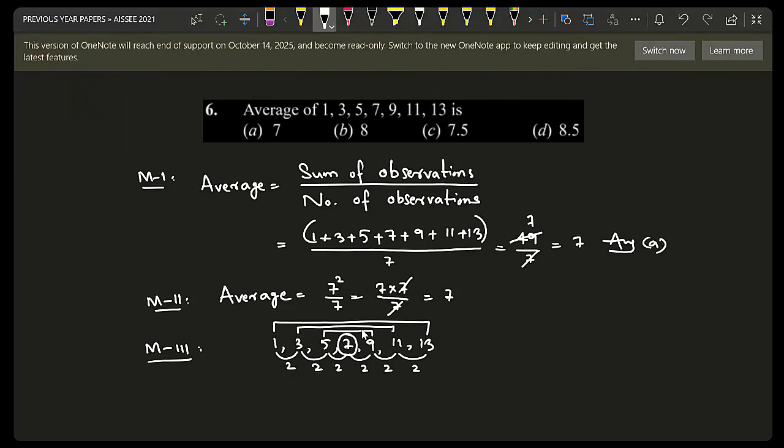Their average is also the same. Because we have a middlemost number here, the average is going to be directly 7. So when the numbers are equally spaced, that means the differences are the same, then without using the average formula, you can use this shortcut: the middlemost number is going to be the average. So the answer is A.